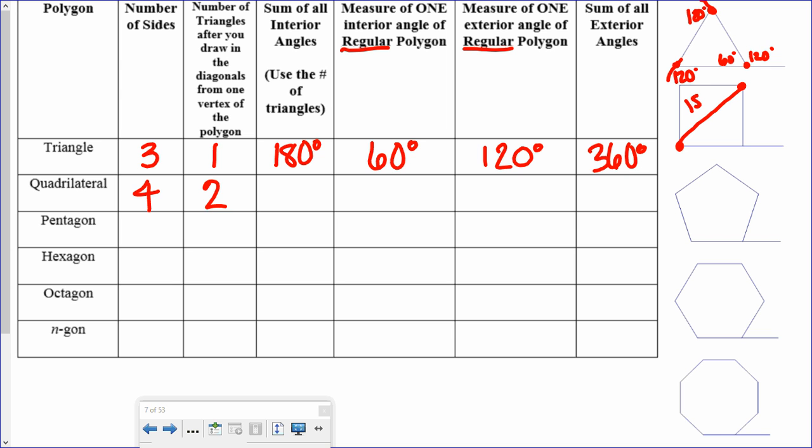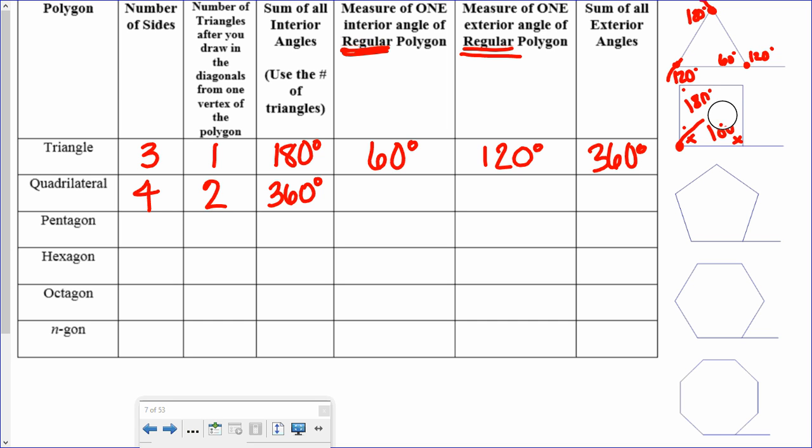Well, each of these triangles is going to be 180 degrees in the sum of these interiors. So this angle, this angle, this angle add up to 180. And this angle, and this angle adds up to 180. So together, 180 plus 180 means that the sum of the interior angles of a quadrilateral will be 360 degrees. Okay. All right, so remember, on these 2 columns, we're looking at regular polygons.